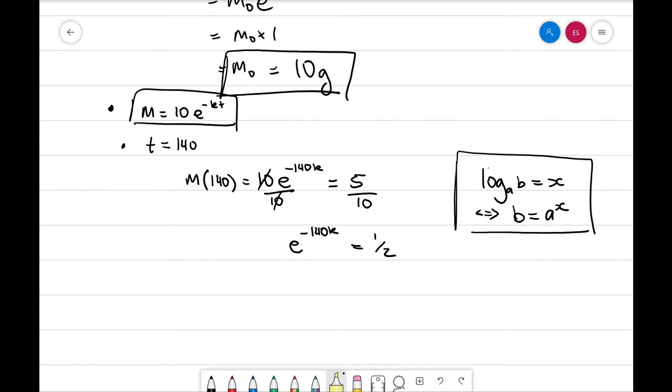So we've got our a, then we've got our b, and last but not least, we've got our x. Alright, so we can say that this is equivalent to log to the base e 1/2. And we know that's going to be equal to minus 140k.